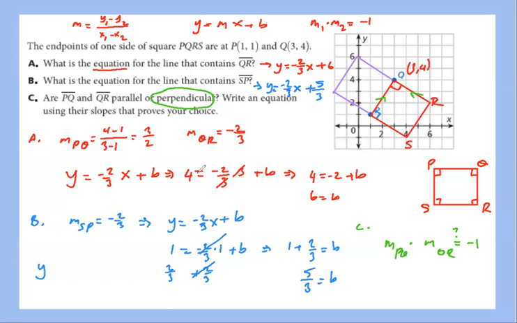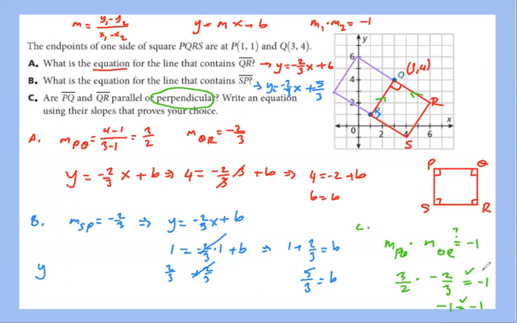The slope of PQ is 3/2, and the slope of QR is -2/3. If you multiply these two, you get 3 and -2, which is -6, and 2 and 3 is 6. -6/6 is -1. So that is correct. So then we are done.